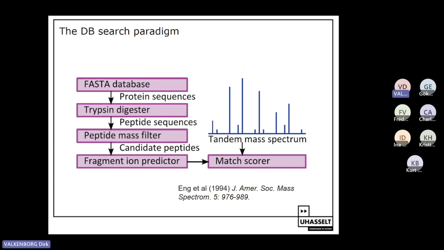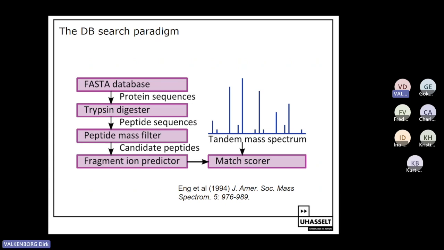So good, once we have our organism FASTA database, we will cut these proteins by trypsin, such that we have a peptide sequence database. And then we will filter down these peptide sequences so that we have a list of candidates.